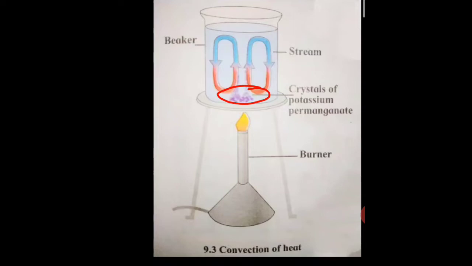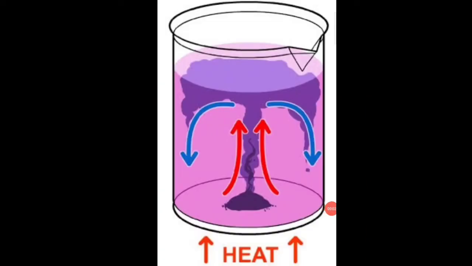As a result, it moves in upward direction and is replaced by cold water coming from above. You will see streams of water going upward and coming back to the bottom. Due to the potassium permanganate, these magenta-colored streams can be identified easily.